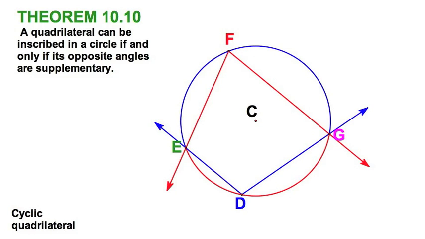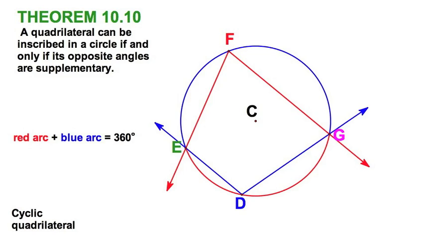The two arcs, this red arc plus this blue arc, make a complete circle, that's 360 degrees, and each angle is an inscribed angle, meaning the angle F is half the red arc, the angle D is half the blue arc.